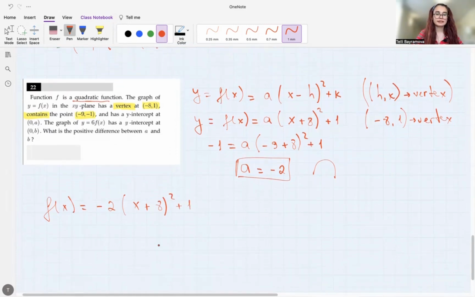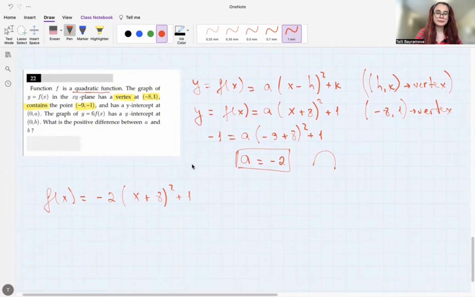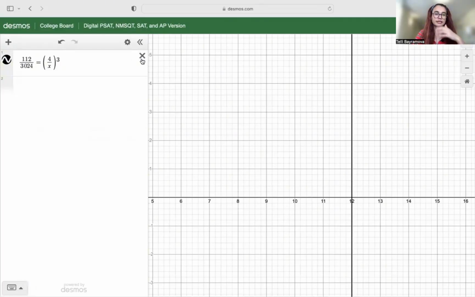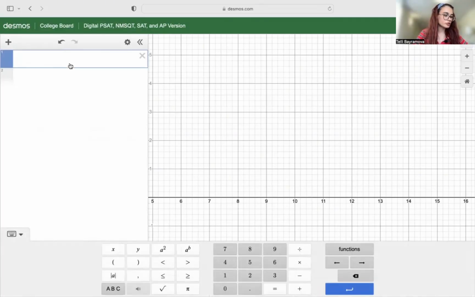So what is the y-intercept? Let's write it in decimals quickly. Actually, you can plug in 0, but I want to write it in decimals to show you what it was. F of x equals negative 2 times (x plus 8) squared plus 1. Plus 1, yes.